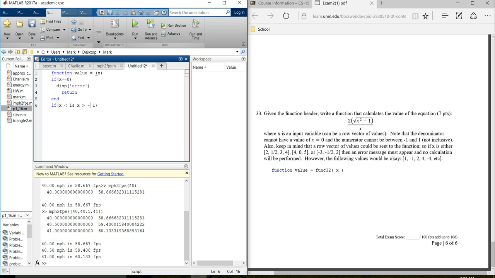What I'm saying is if x is between -1 and 1, then it also has to be an error. Display error. Return.